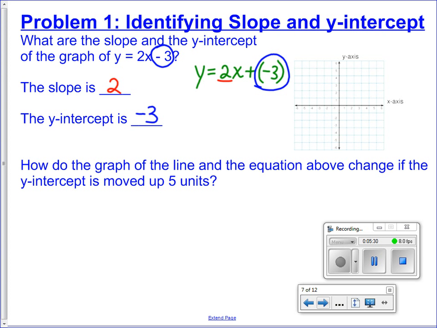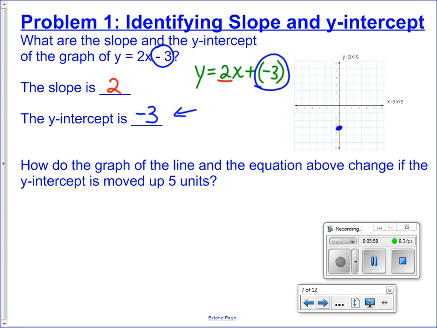All right, now let's graph it. You want to start at the y-intercept. The y-intercept is going to be along the y-axis, and it's going to be at negative 3. So at negative 3 on the y-axis, there is your y-intercept.